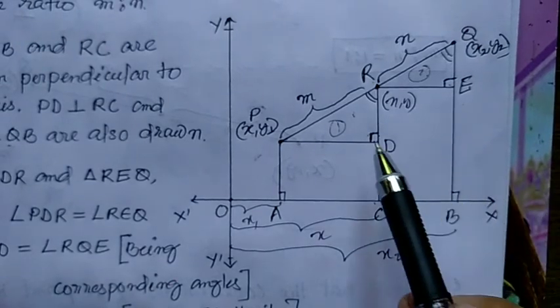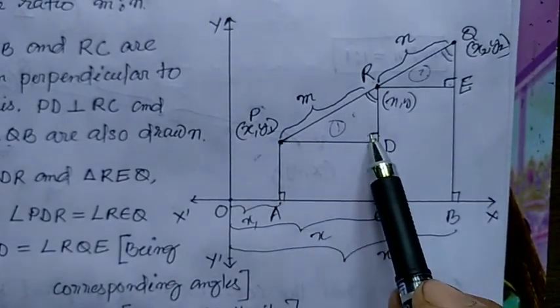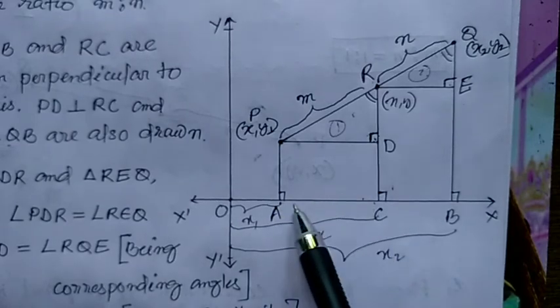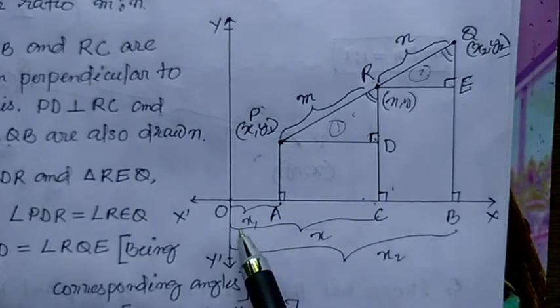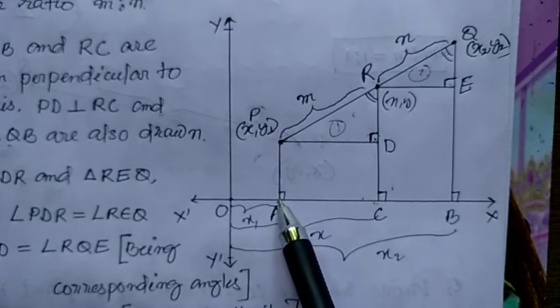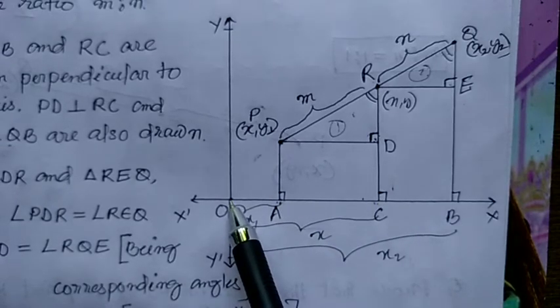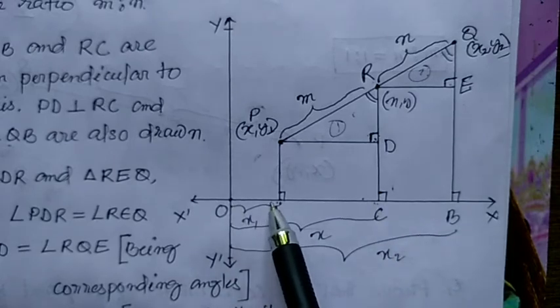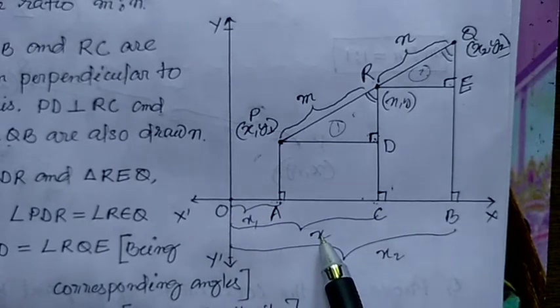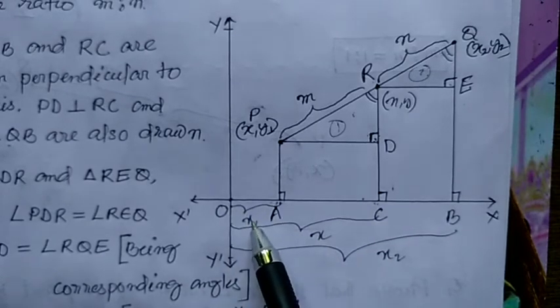Then how will you write PD? PD is nothing but AC. So we can write AC to be OC minus OA. I repeat, we can write AC to be OC minus OA. So OC length is x and OA length is x1.